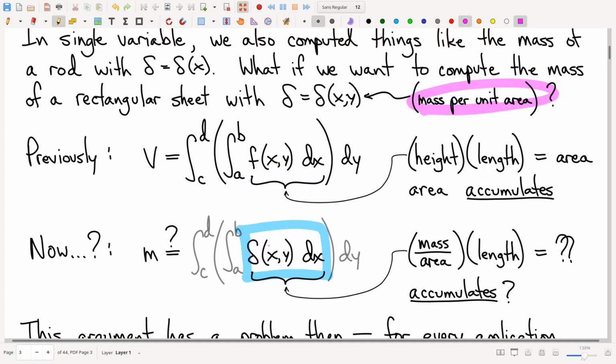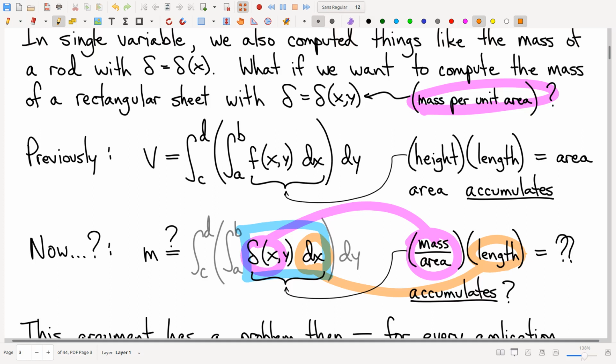The mass is distributed over an area, and we will multiply by length. Mass per unit area times length.